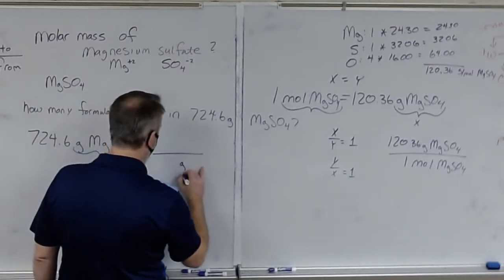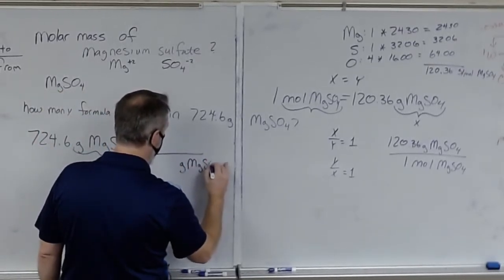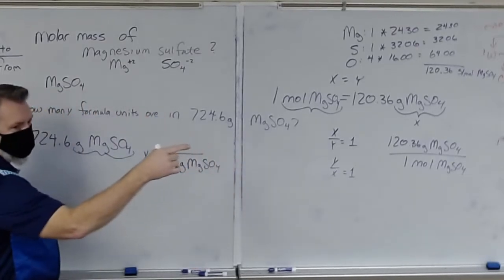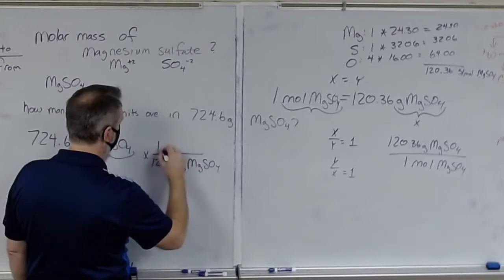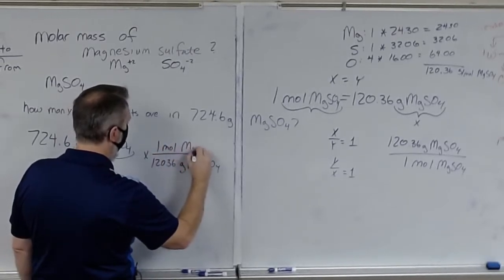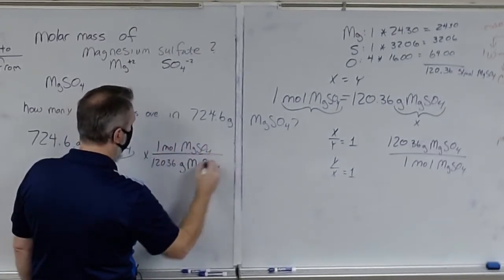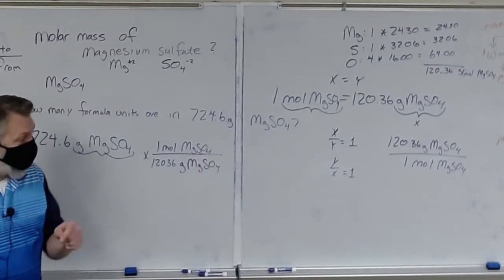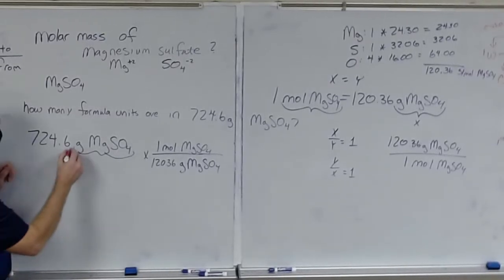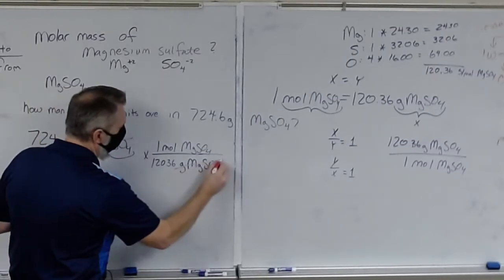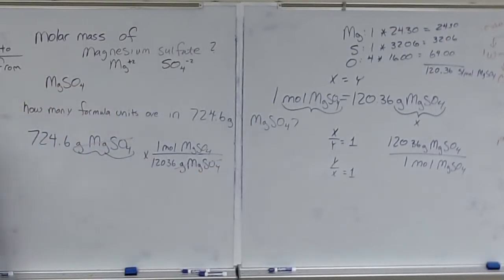Grams of magnesium sulfate. Now, just like we did on the algebra problem a few minutes ago, I want you to take your different color and cancel out grams of magnesium sulfate. Yes?